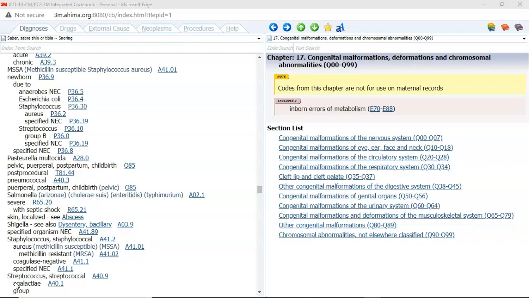Number 3 has 2 codes. Number 5 has 2 codes. Number 7 has 2 codes. Number 9 has 1 code. 11 is 1 code. 13 is 2 codes. 15 is 2 codes. 17 is 2 codes. And 19 is 2 codes.